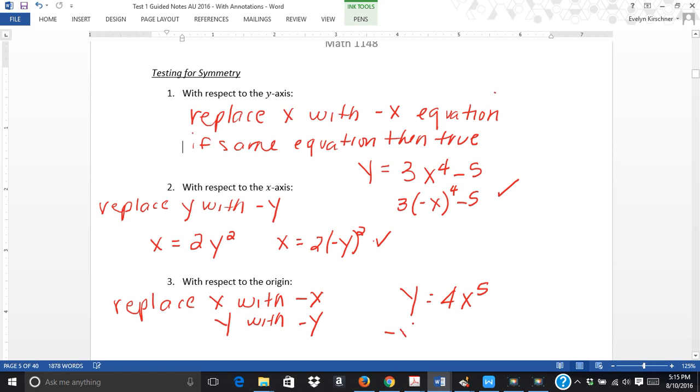I'm going to put a negative y here and negative x here, and when I raise it to an odd power, that's the same as negative 4x to the 5th. So if I have a negative here and a negative here, what happens to them? They go away, right? It's like if I multiply or divide everything by negative 1, and I get y equals 4x to the 5th, which is what I started with.